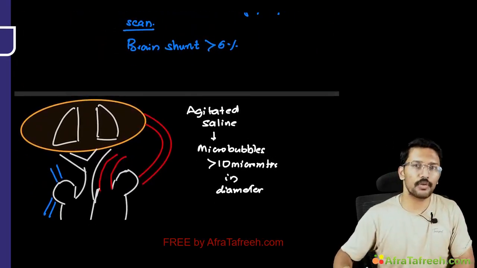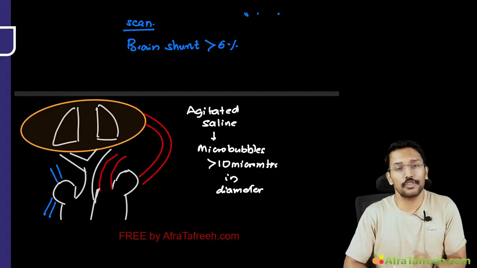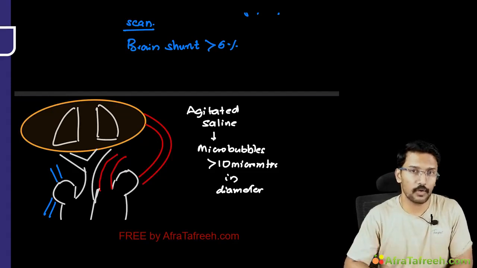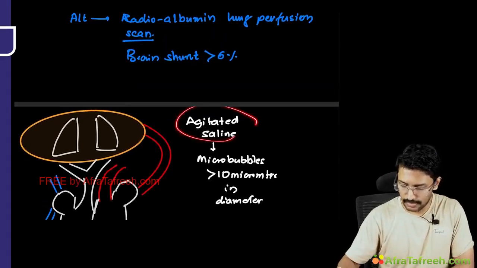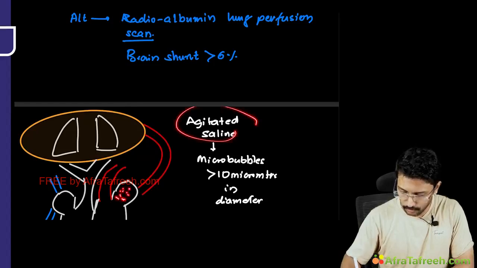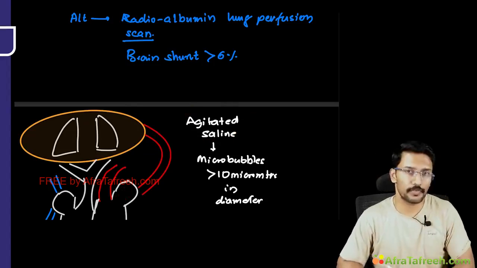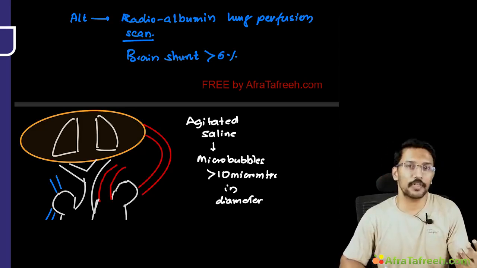Now one extra point to remember here is sometimes they might ask you whether transesophageal echo is preferable over transthoracic echo. Now the answer will be controversial because the diagnostic criteria using agitated saline says visualization of microbubbles in the left atrium. And what is the best way to visualize the left atrium? Transesophageal. But we have to remember here, we're talking about patients who have pulmonary hypertension.